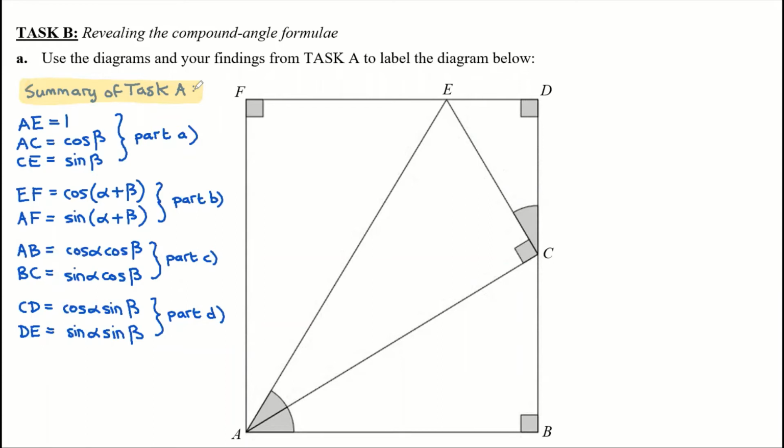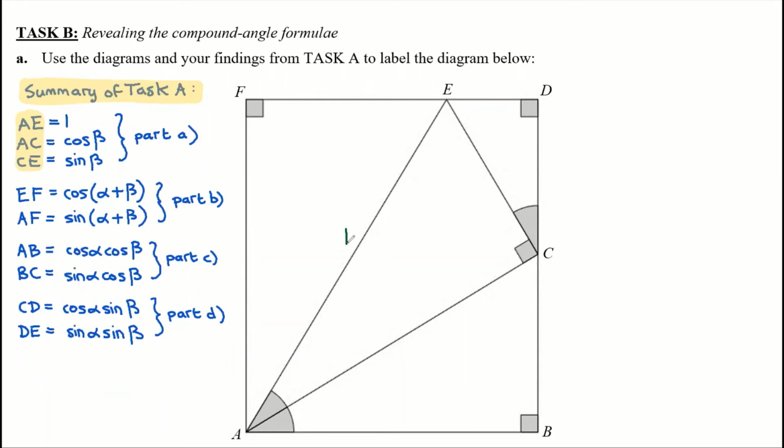Now, we've got some measurements we can add to our diagram. So AE has a length of 1 unit. So I'm going to add that onto the diagram. So there, that's not a diagonal line, but it's a line that cuts from the corner to the opposite side of what looks like a square or a rectangle. We don't quite know yet.